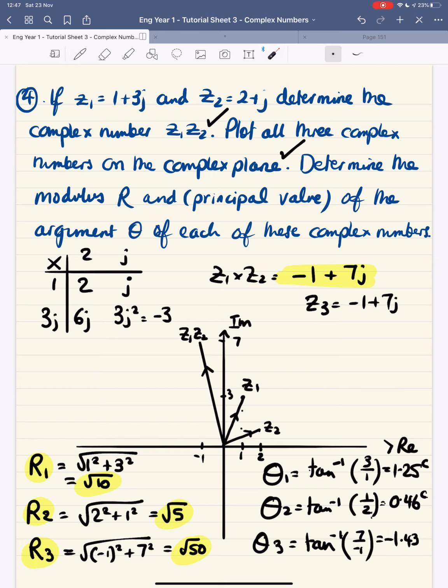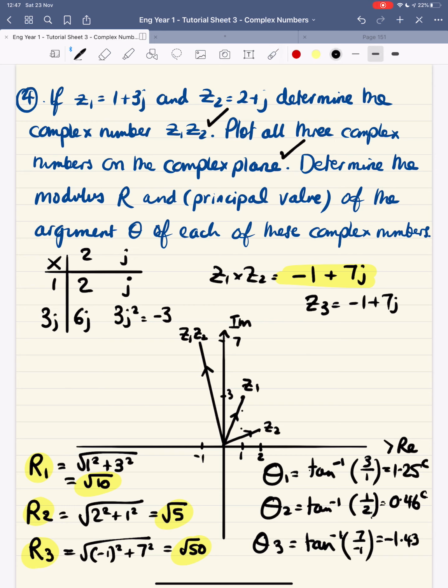So your calculator is giving you the angle down here. And whenever the real part is negative, the complex number is going to be located in there or in there, but your calculator gives you an answer in there or in there. And so what you've got to do is add pi on to get it into the right place.